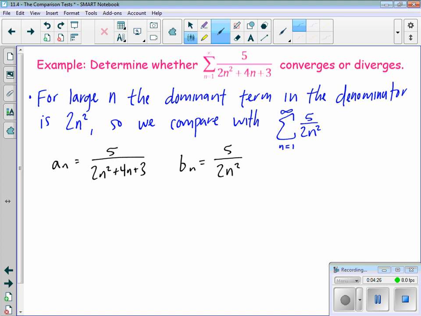And we have to figure out which one's bigger. When we're comparing these, which denominator is going to be bigger? The left one, right? The denominator is bigger here. So that actually makes it what? Smaller. Okay, so we're going to say here that our a sub n is less than or equal to our b sub n.